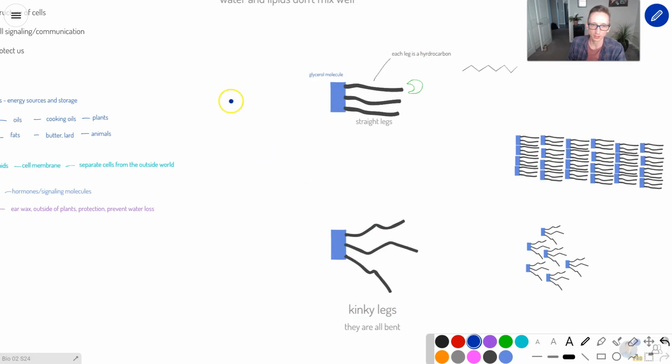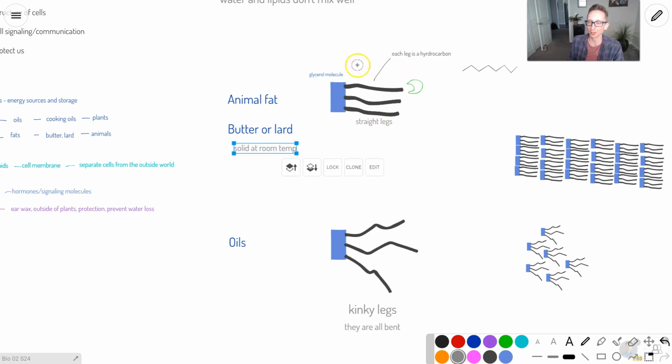So this would be animal fat, like butter or lard. This down here would be oils, plant oils. So these are solid at room temp. Now you know why butter is solid at room temperature. Isn't that nifty?